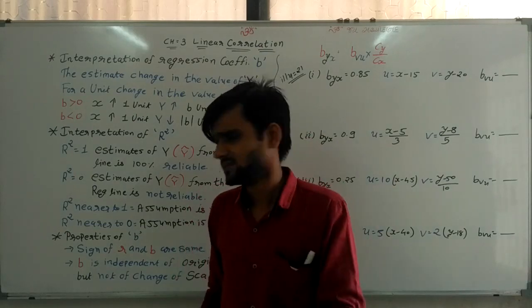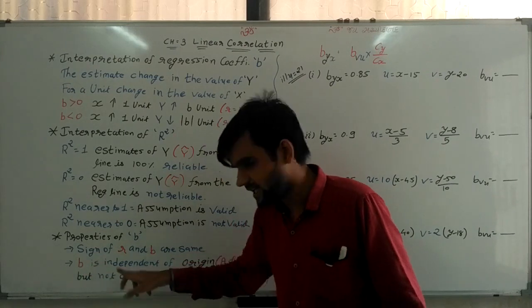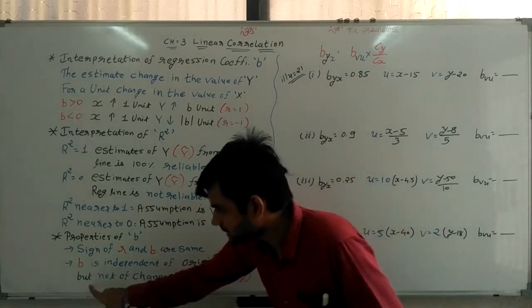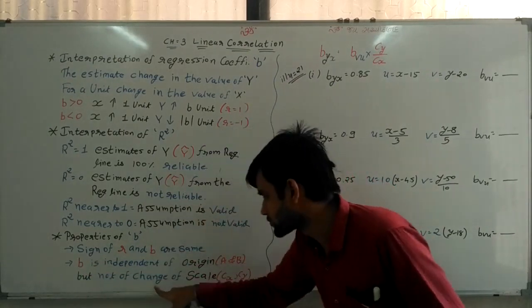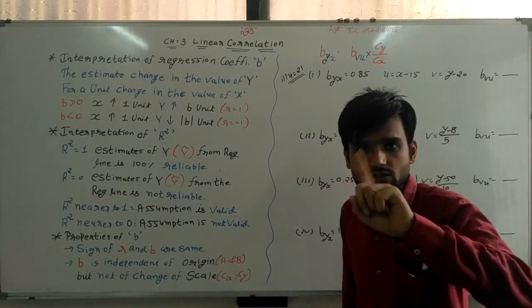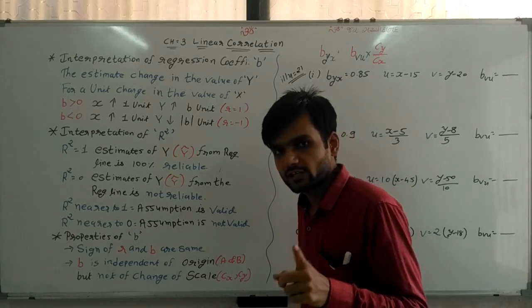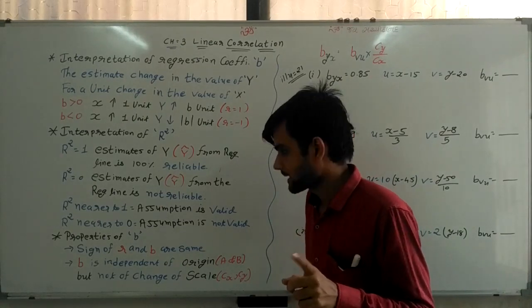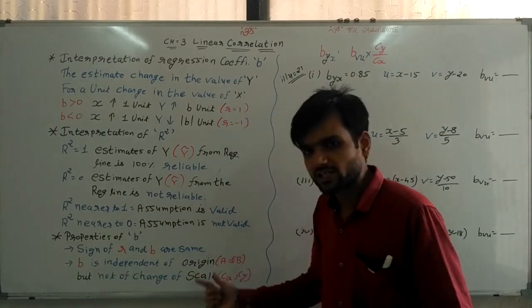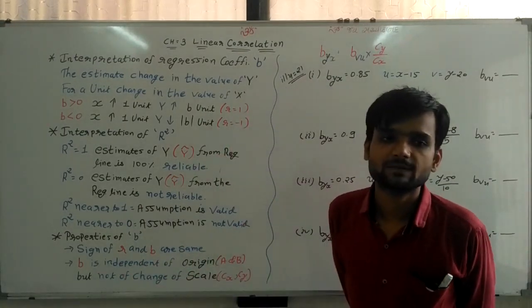But here, as a property of B, B is independent of origin but not independent of change of scale. So it is independent of origin, but not independent of scale.